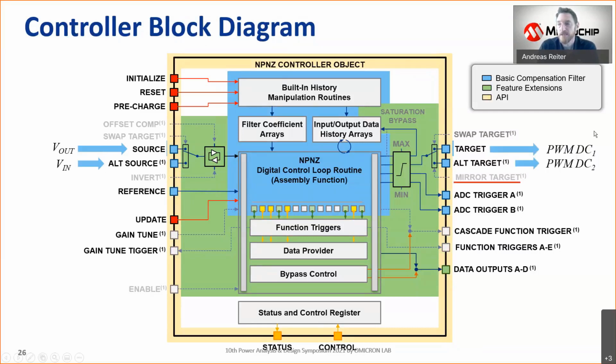These 2 duty cycles are identical. We are basically mirroring the controller output onto both PWM modules, producing exactly the same switching waveform, but 180 degrees shifted apart. Then here we have another gain trigger.